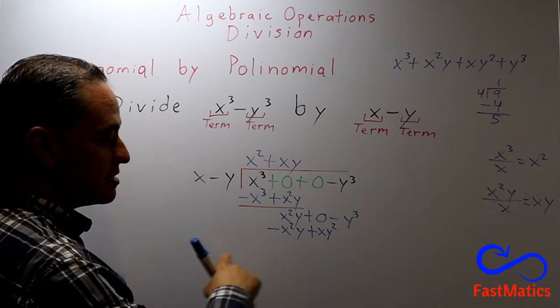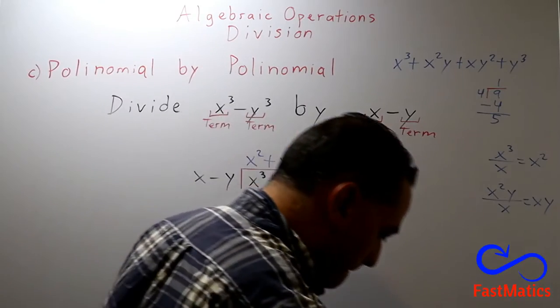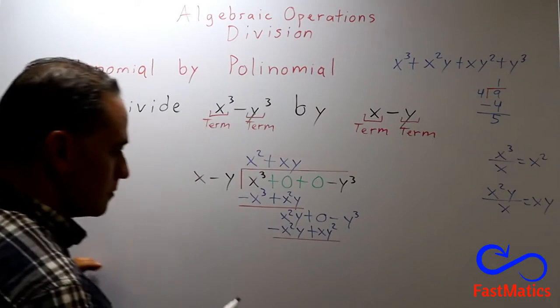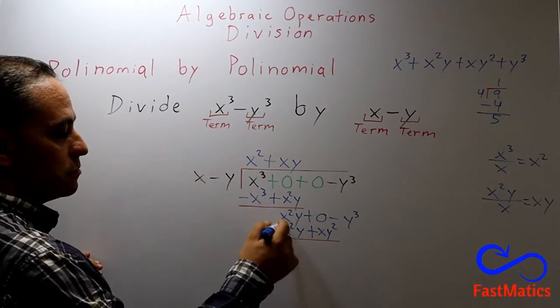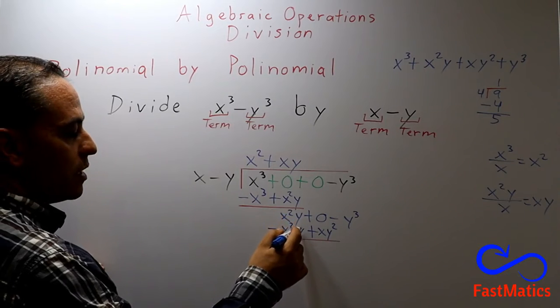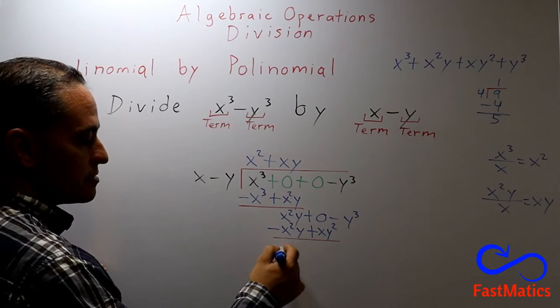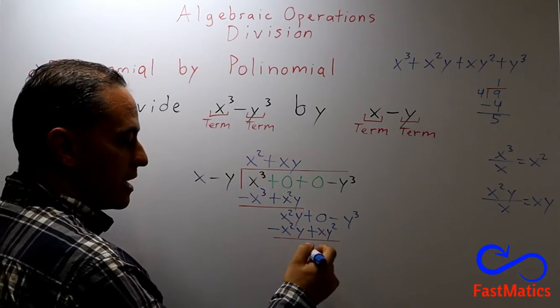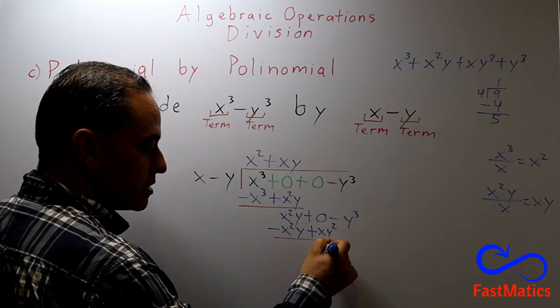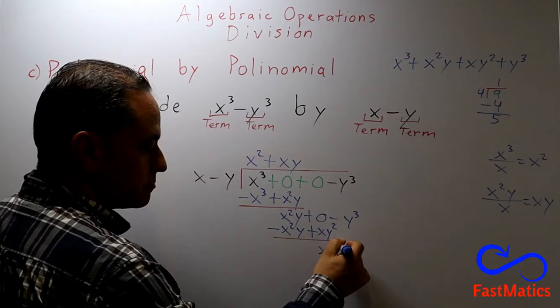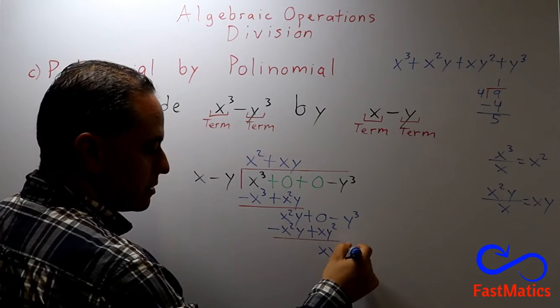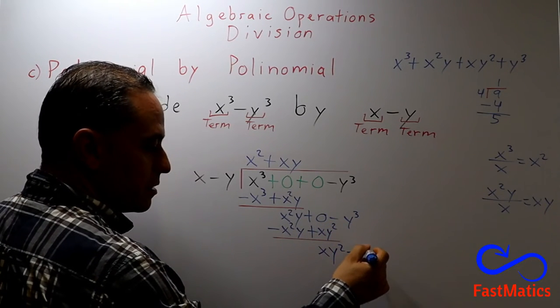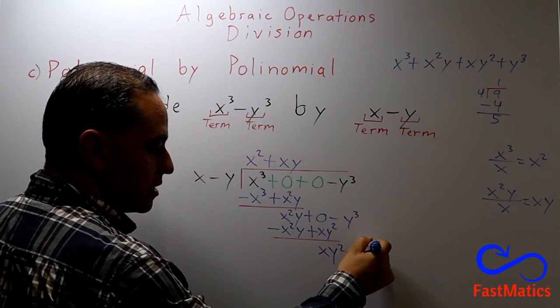And then I subtract. So, x squared y minus x squared y, 0. I don't write it. 0 plus xy squared. I write it. And then I bring down the negative y cubed.